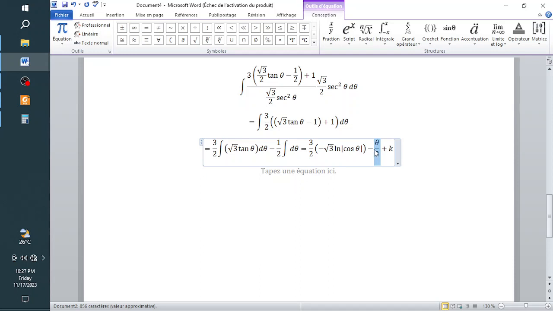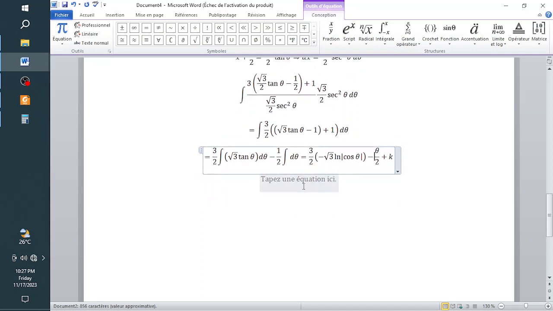Here if you put minus pi on 6, it is basically okay, because if you replace pi on 6 and minus pi on 6 and subtract, this first term will give you 0, because the cosine of pi on 6 is the same as the cosine of minus pi on 6. So the upper and lower bound in respect to positive pi on 6 and minus pi on 6 is 0 when you subtract.